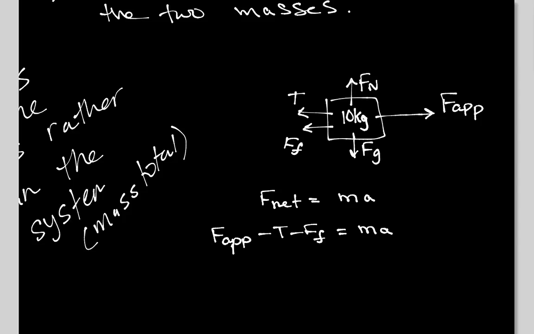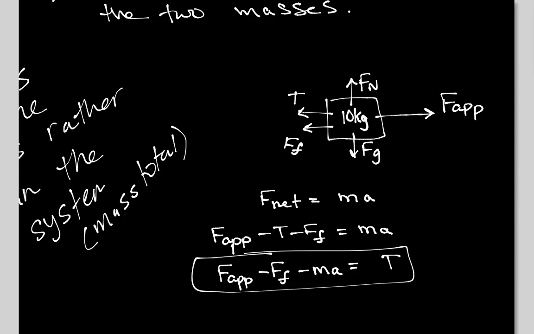So then to solve for T, I'd have to move the ma to the other side. Now I can't do this actually because they didn't give me enough information. I mean, we probably could figure it out, but we'll leave it because we're going to do this again later on.